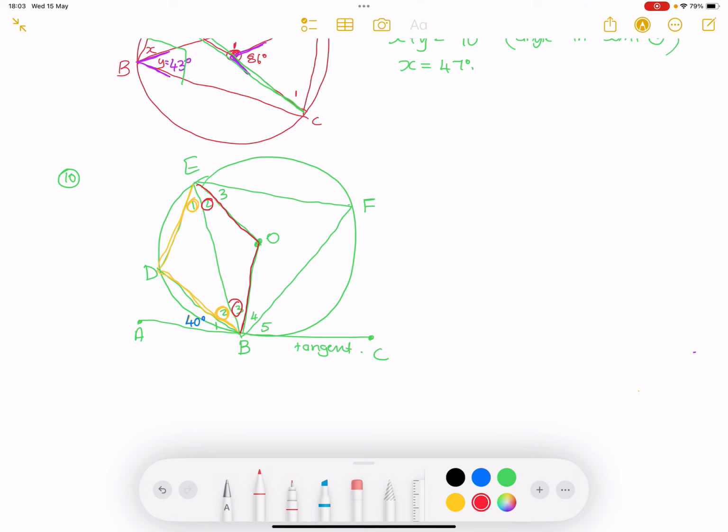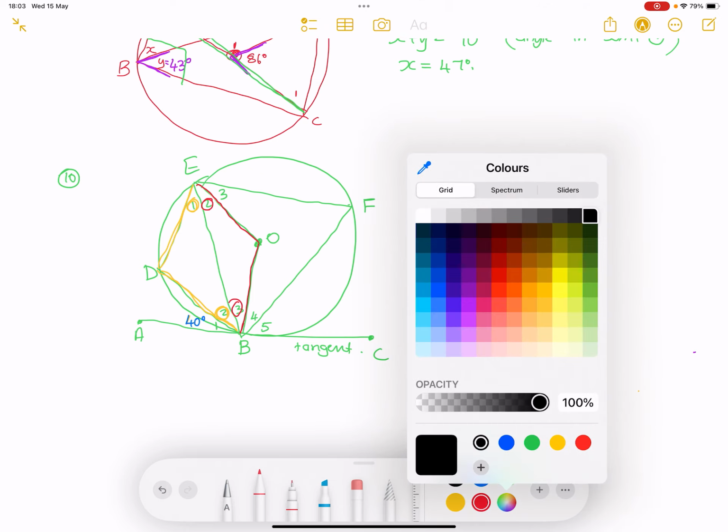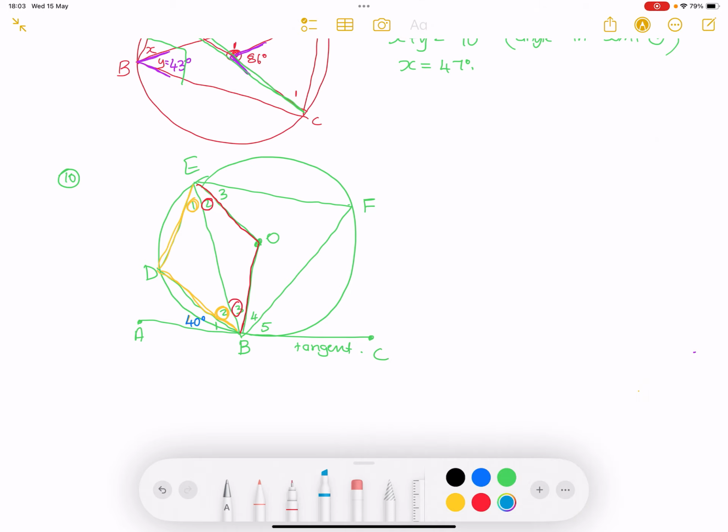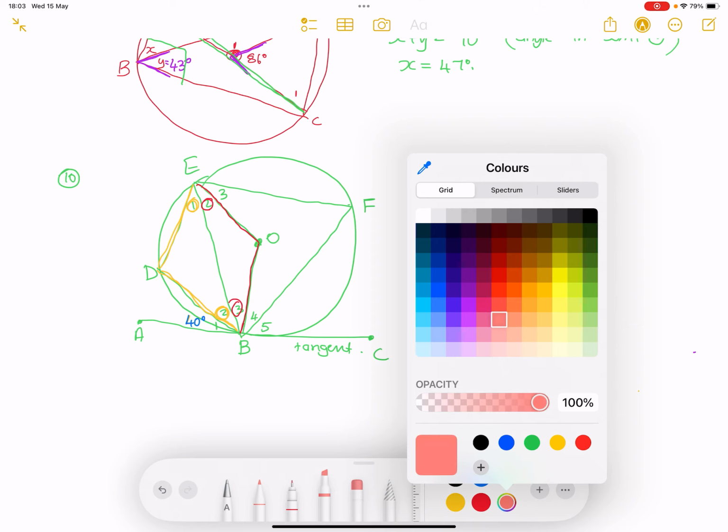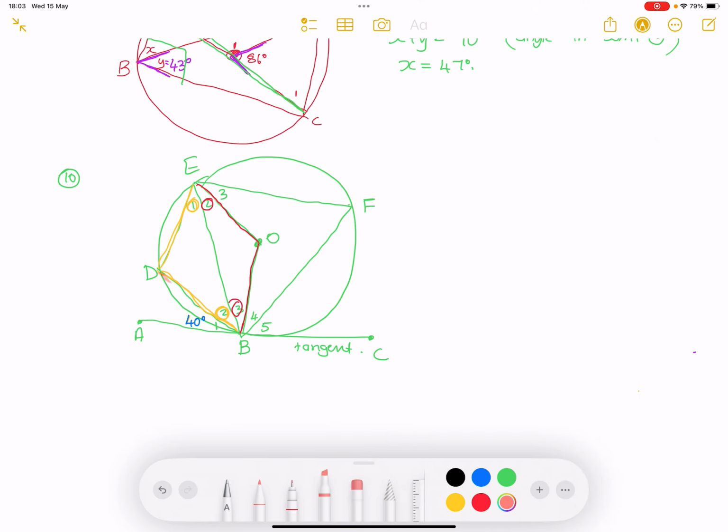If I look at this, do you see? Yes, ma'am. Then this angle 40 is equal to that one because it's the tangent.